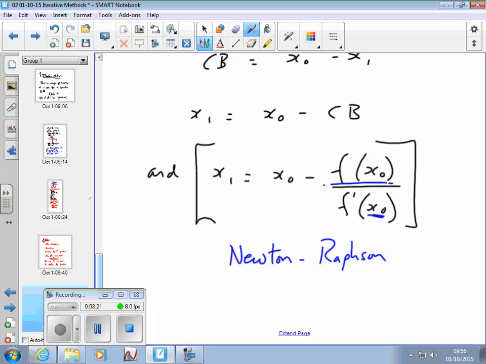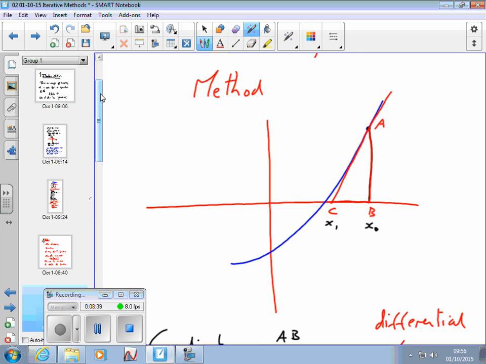Divide the value of the function at x0 by the differential at x0. Subtract that from x0, and I've got my new value for x1. So I'm not bisecting now. My next guess, x1, is picked using this method, which hopefully is going to zoom us in on this root a bit more quickly. If we're looking at a diagram, I think we can maybe see why it does.